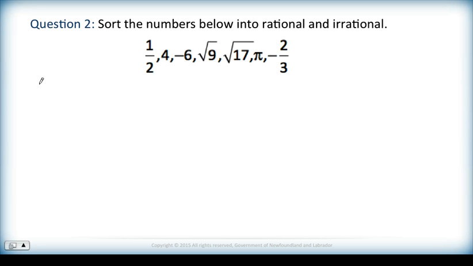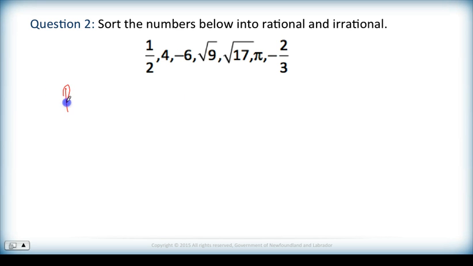Irrational is every other number that doesn't fit into the rational characteristics. It's any number that cannot be written as a fraction. It's a decimal that does not terminate or repeat. And it's a radical that doesn't have a perfect square number or a perfect cube number. So let's get started here and look at what we have.